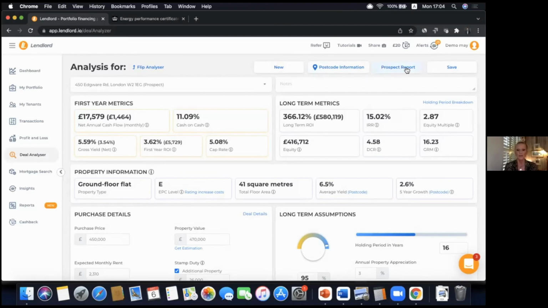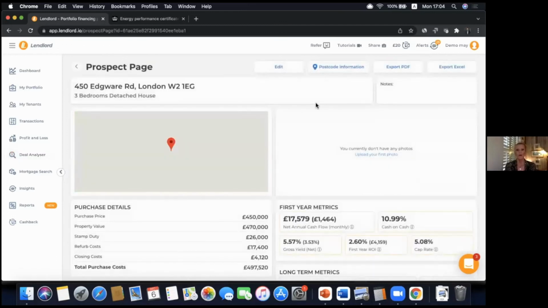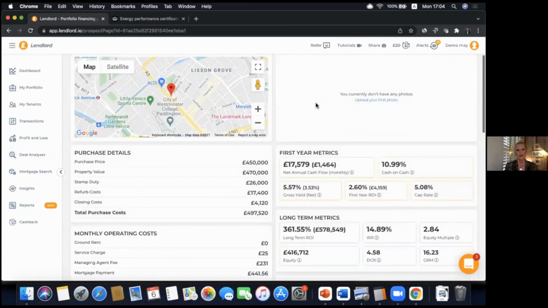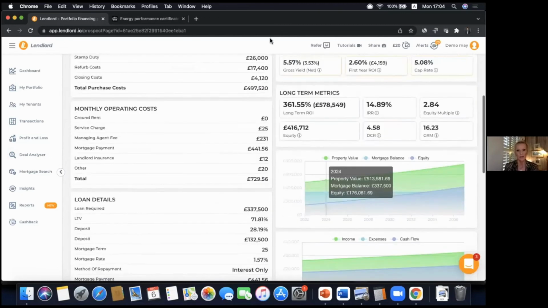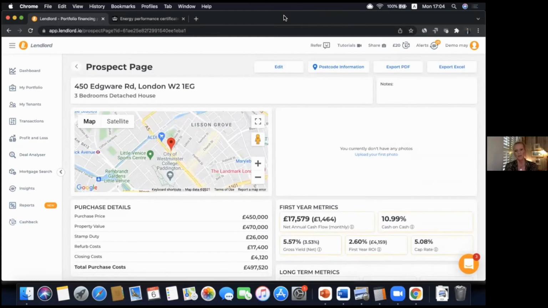But I think the other thing is that this is a deal analyzer of two halves. And tomorrow we will be looking at the due diligence function of the deal analyzer. Because this is a digital platform, it can benefit from what are known as APIs, where it can draw in data from other platforms.